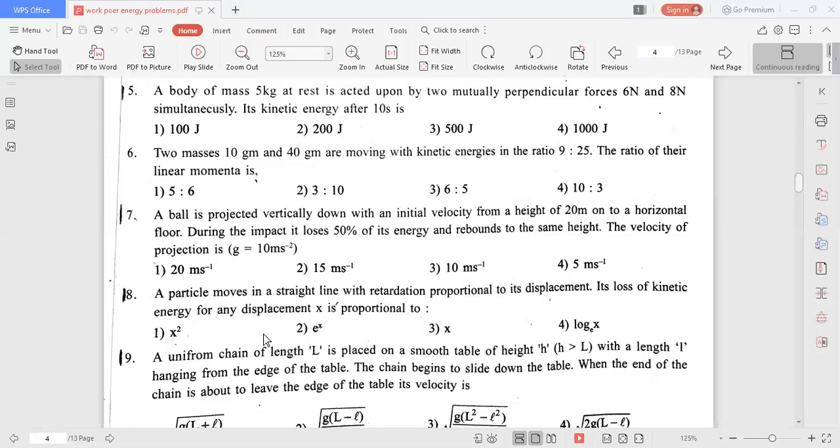So u square is equal to 2g h1. You substitute the data: 2 into g, 10, into h1, 20. It is u square. Therefore, u is equal to 20 meter per second. So the velocity with which the body is projected is 20 meter per second. That is the answer.